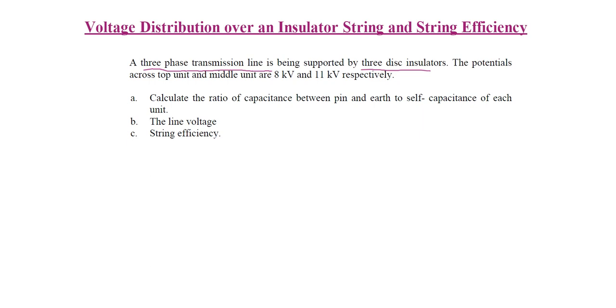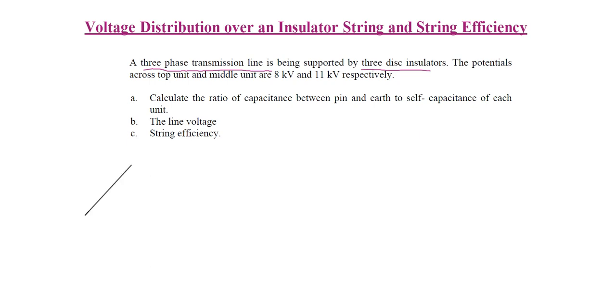Usually in transmission lines, we use porcelain or glass material to manufacture discs, and then we connect various discs to form a string. And this string actually supports the transmission line, supports the conductors in transmission line.